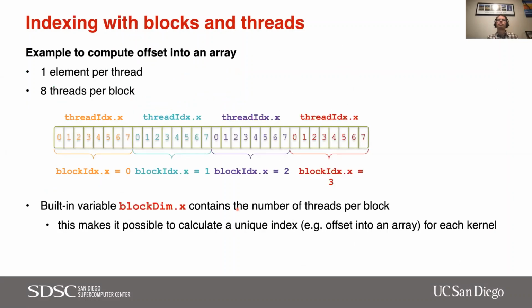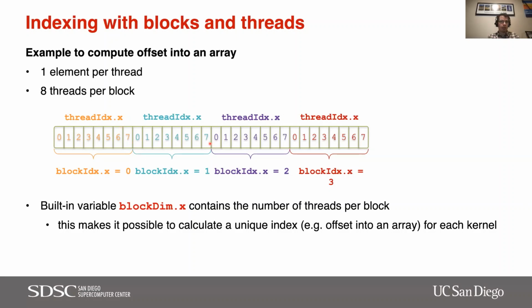So let's assume we have an array and then we have multiple blocks. This is an example where I would launch 8 threads per block. And now I have an array that has a length of 32, just to be able to explain this on a slide. Then what I would do is launch a kernel with 4 blocks. And you see the threads in the first block should operate on the first 8 data elements.